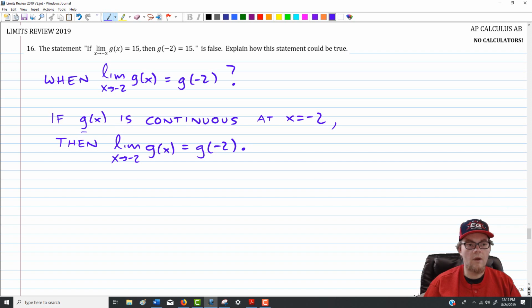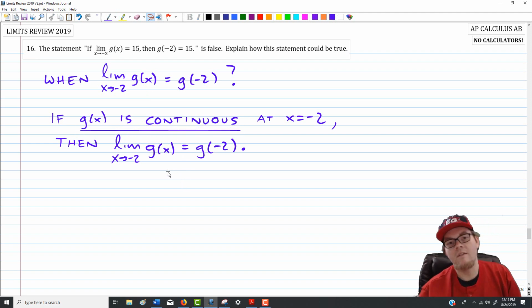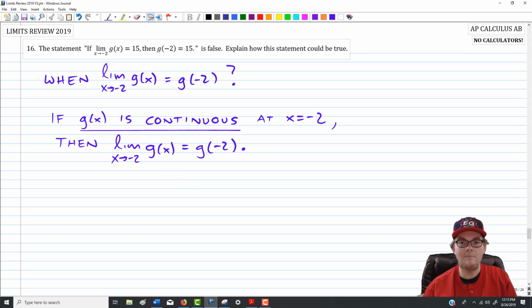So basically that's what we require. And if I were grading this, that's the phrase I'd be looking for. If g is continuous. Technically, we should probably also make note of the fact that g of -2 would also have to be equal to 15, or else that statement would be false. But for the moment, we'll set that part aside.